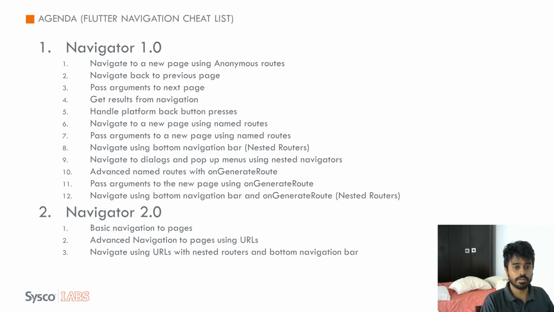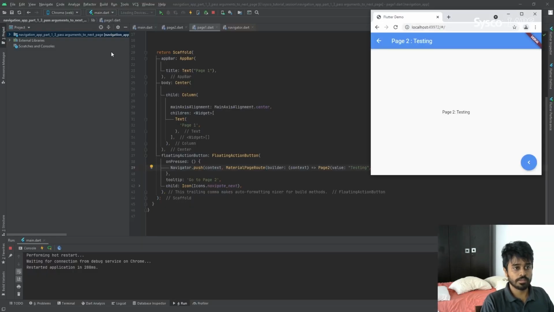Let's see how we can handle platform back button presses. Oh, before that, we need to get results from the navigation. So let's see how we can get results from navigation. What I mean by getting results from navigation is, for example, now you passed some data from page 1 to page 2, and you fill in some form with some data, and then you need to get that data back to page 1.